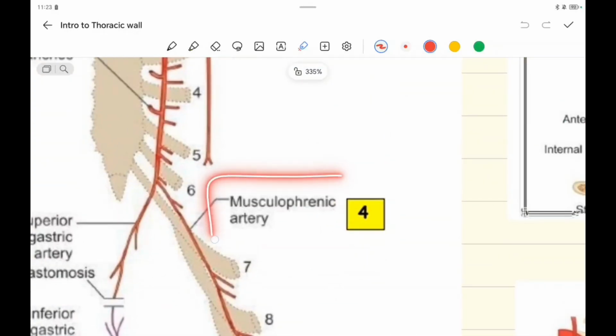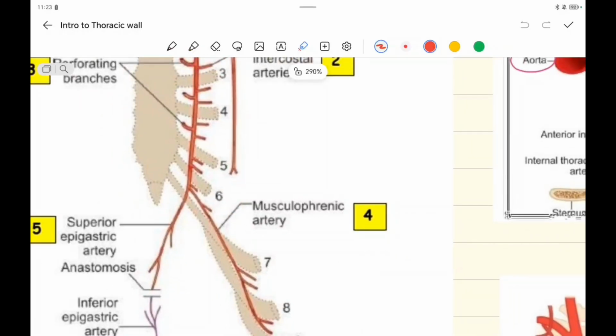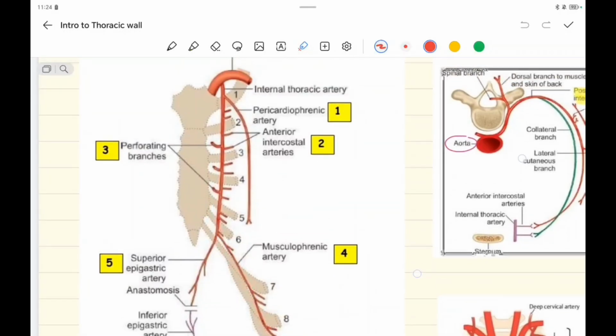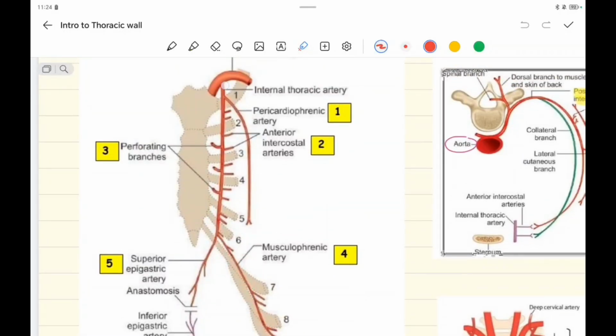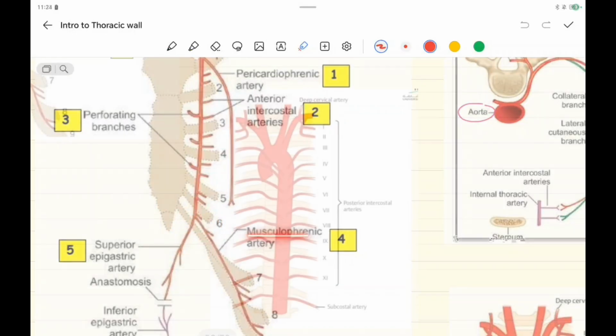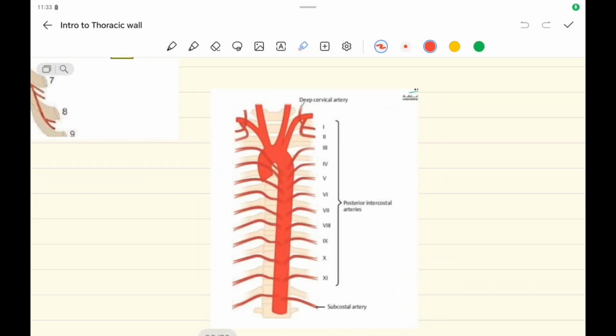They are coming from this branch, if you remember. This is the musculophrenic artery, which is the termination of the internal thoracic artery. So we said that the internal thoracic artery starts from the first costal cartilage until the sixth intercostal space. During this course, it's giving anterior intercostal arteries, but then when it's terminating, what will continue? The musculophrenic.